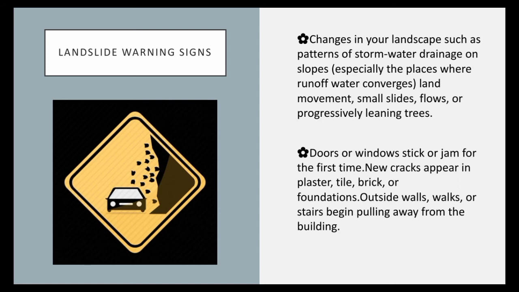Di ba nga, kapag nagkakaroon ng earthquake, asahan na rin natin na magkakaroon ng landslide, especially sa mga nasa mountains. And small slides, flows, kapag meron nag-flow galing sa cliff or sa taas, or progressively leaning trees, kapag nag-tilt na yung trees.